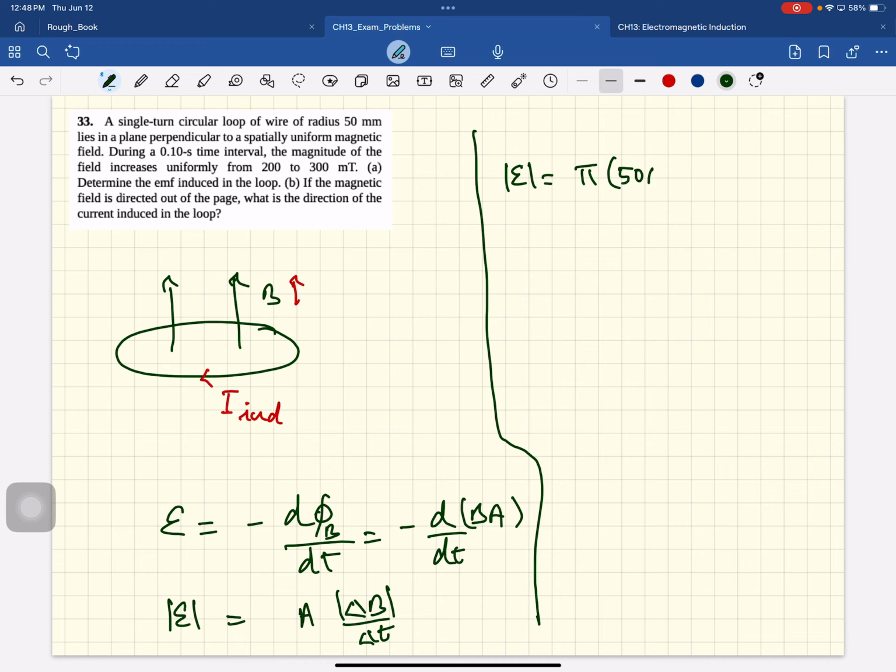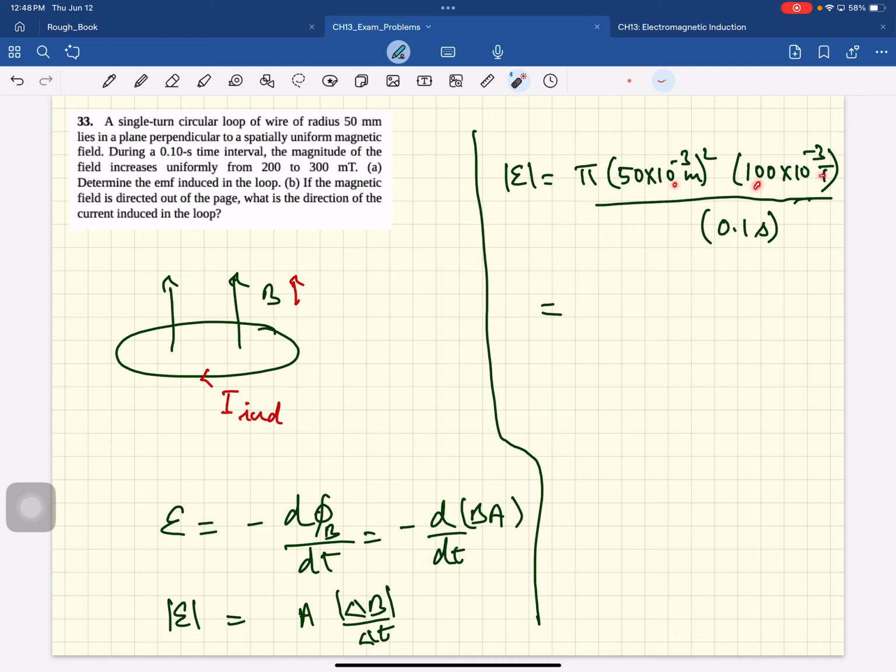R is 50 millimeters. Delta B is 300 minus 200, 100 millitesla. And this change happens over 0.1 seconds. So the induced EMF is, so this is 10 to the minus 1, that's 10 to the 6, and we'll make that 50 pi into 10 to the minus 6 volts.